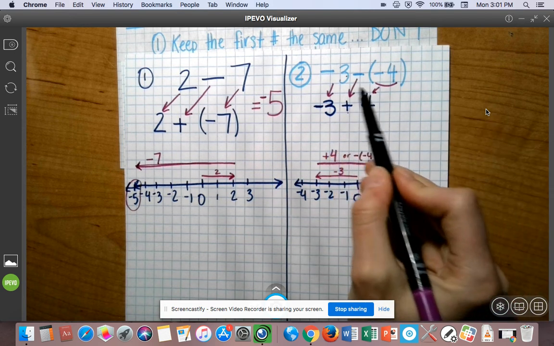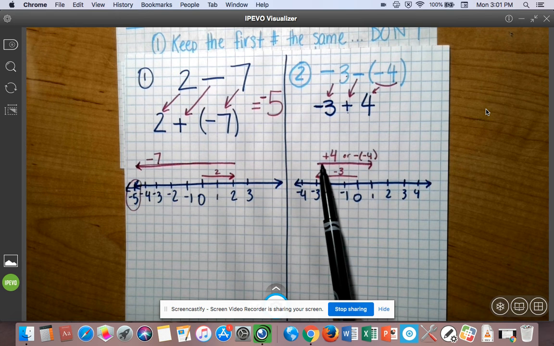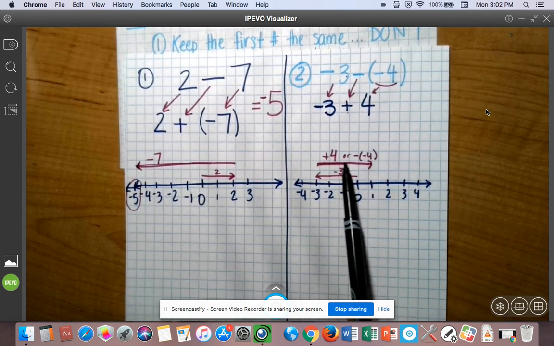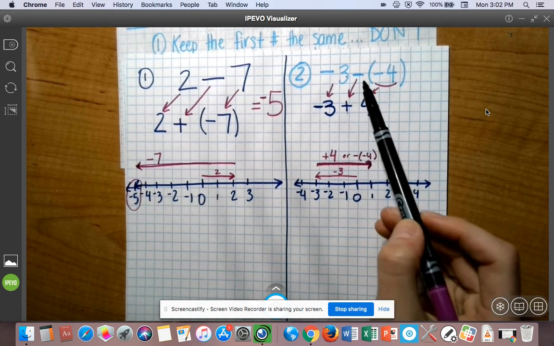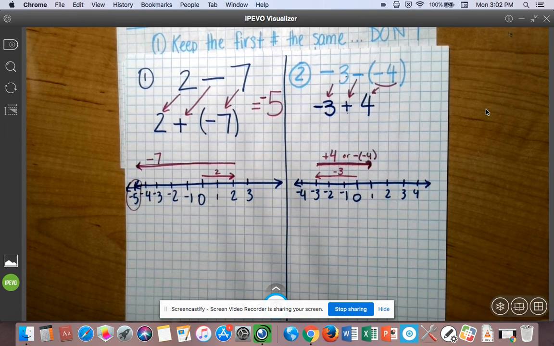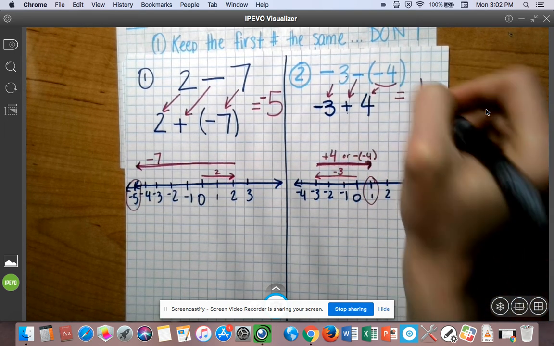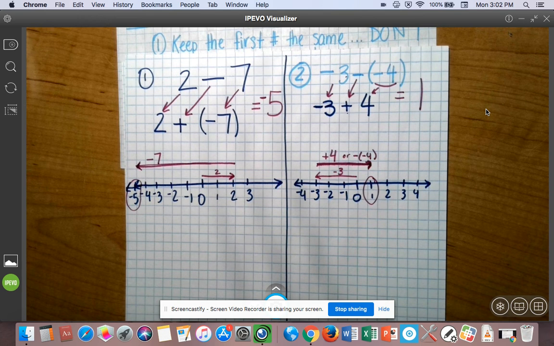But again, this +4, personally, I think is much easier to model by just moving to the right instead of having to think about subtracting a negative if that means moving to the right or moving to the left. So my final answer here is going to be +1.